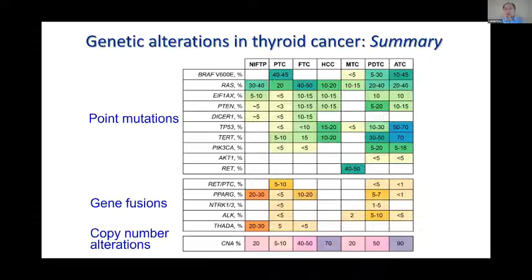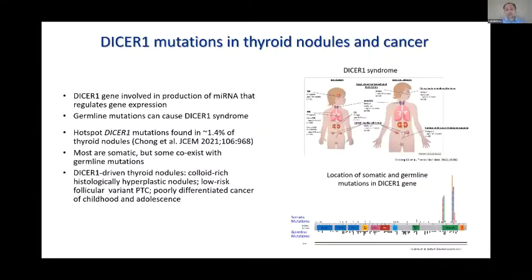So we have a tremendous amount of knowledge about the genetic landscape of thyroid cancer, and now it's time to move this knowledge to the patient bed and start managing these patients more individualized, based on the information that we can get from genetic profiling.